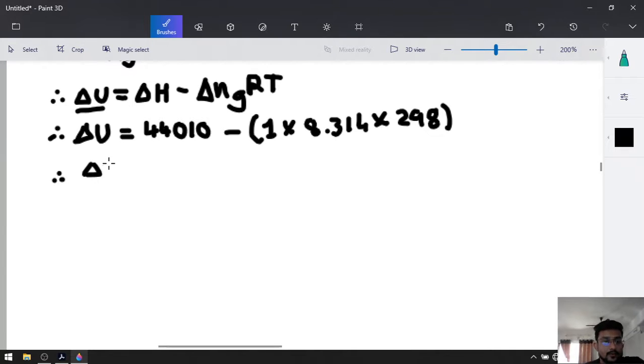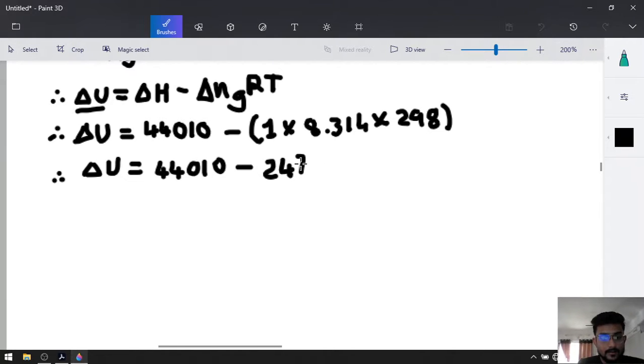So delta U will be equal to 44,010 joule minus the multiplication of this, 8.314 into 298, which is equal to 2477.572.